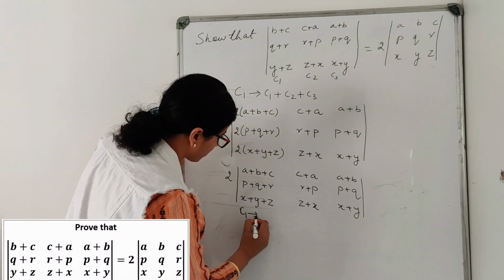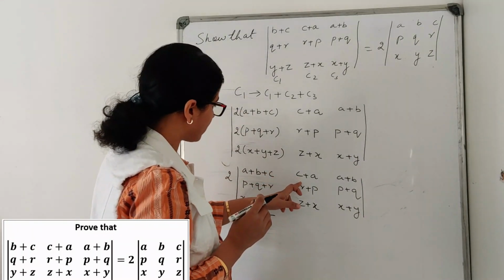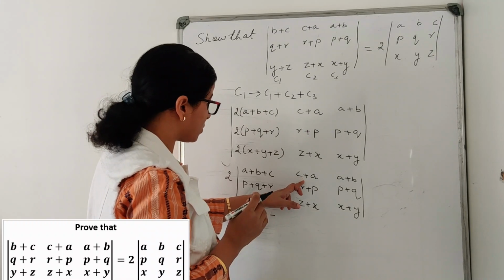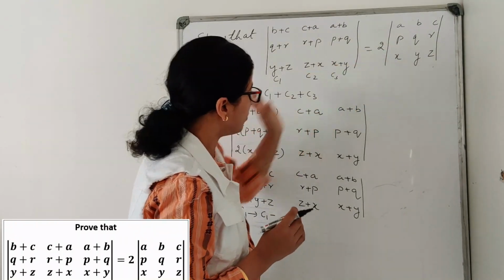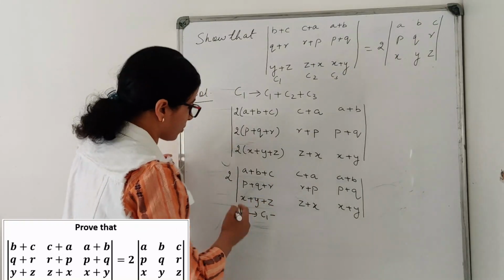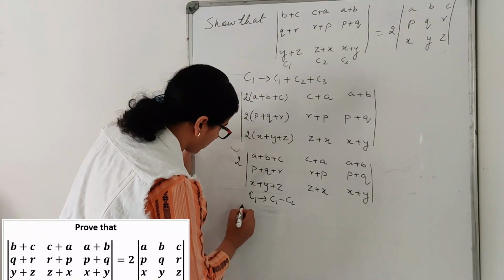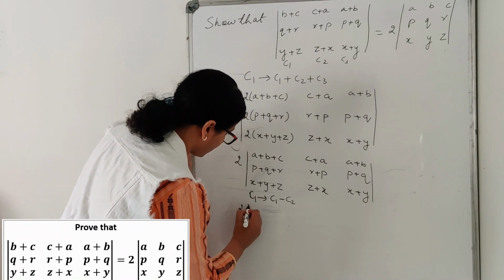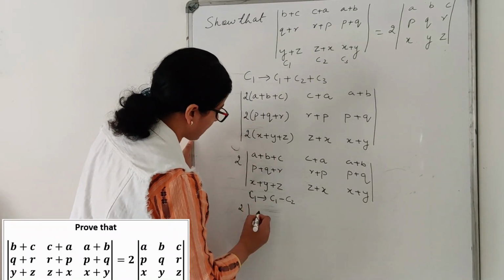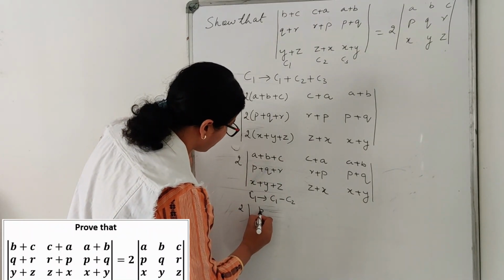C1 tends to C1. I can subtract C2, so I'll get my second column, or I can subtract C3, so I'll get my third column. Okay, so basically I'm doing here C1 minus C2. Okay, so what I will get here? Twice. I'm getting here c plus a gone, so b.